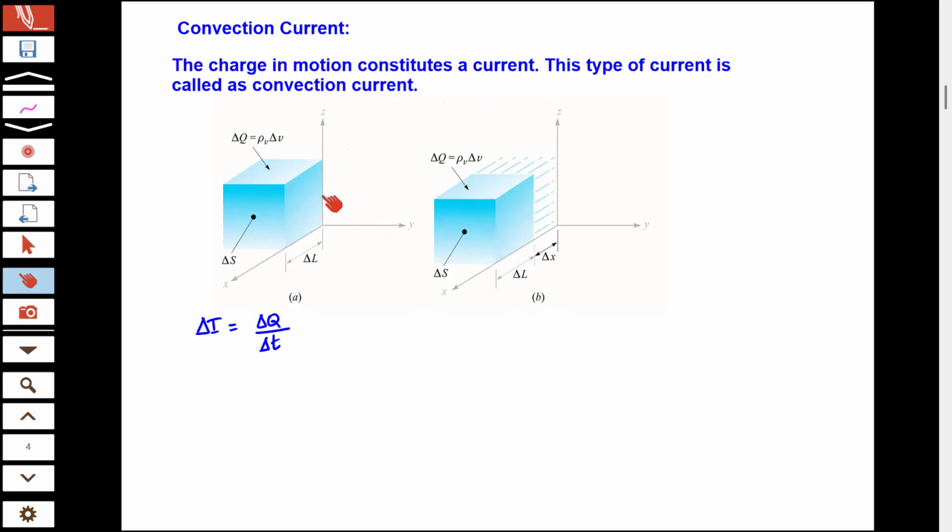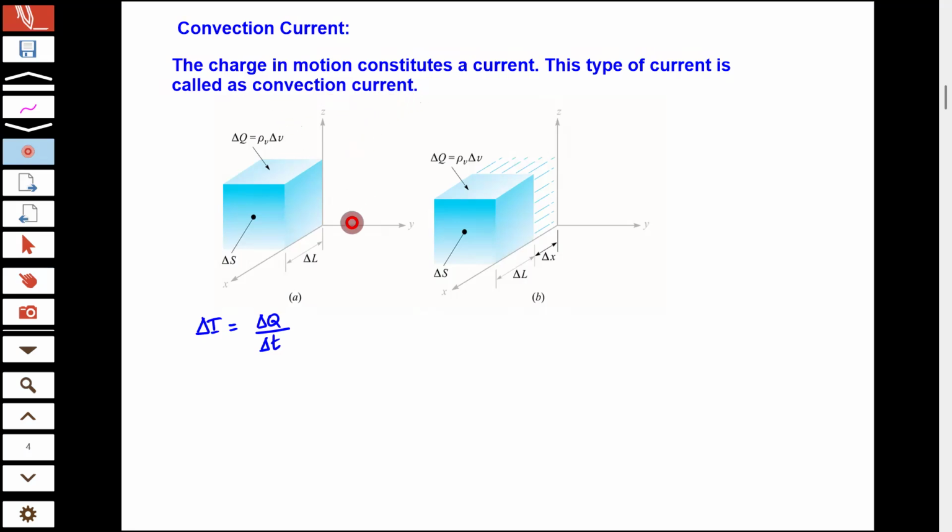So if the charges are moving in free space, for example, in the case of an electron beam generated by the cathode gun, which doesn't require a conducting medium to flow. If the charges are in movement, and we know the velocity of movement of the charges, we can define this current density called convection current density.